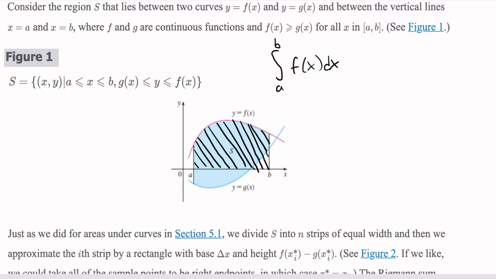Okay, so then how are we going to get the rest of the area? Well, we could try something similar. We could do the integral from a to b of g of x. What's that going to do? Well, that's going to pick up this. So that's looking pretty good.